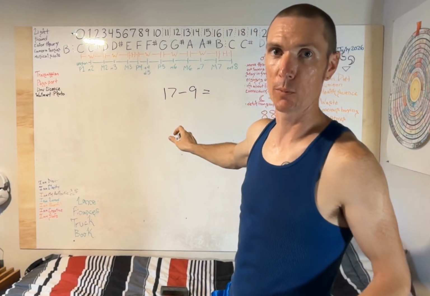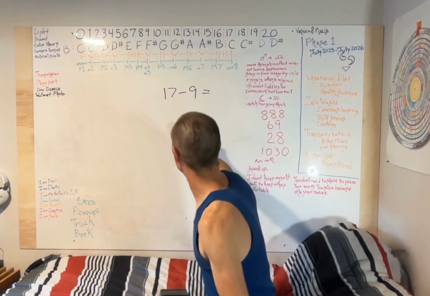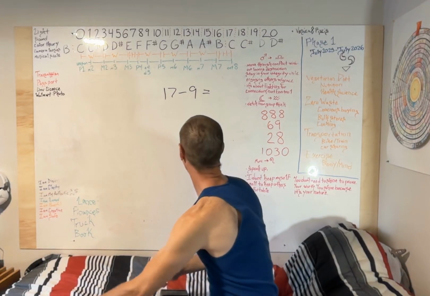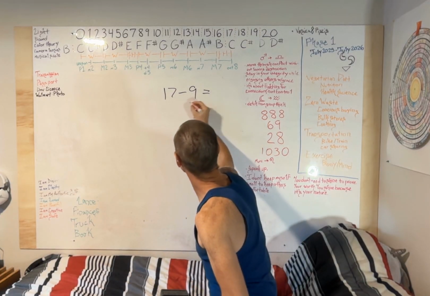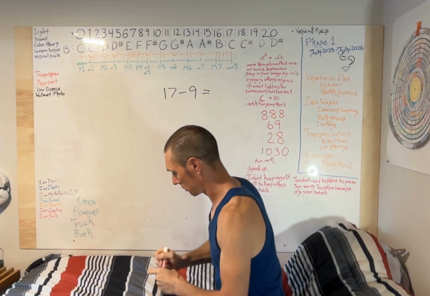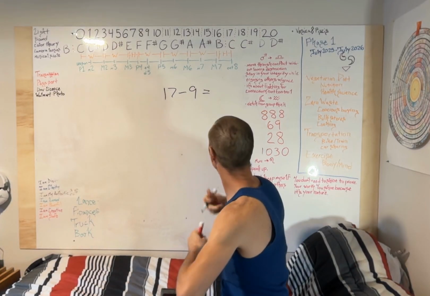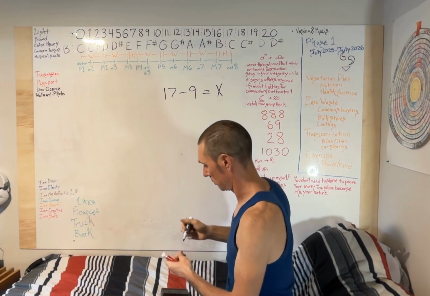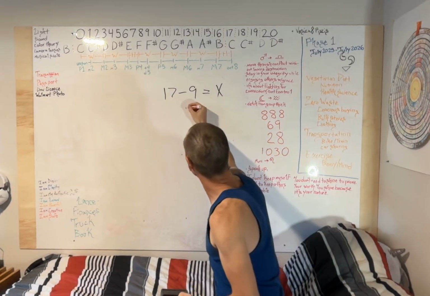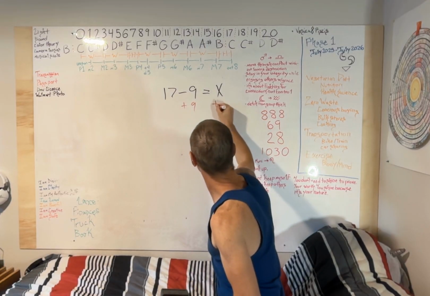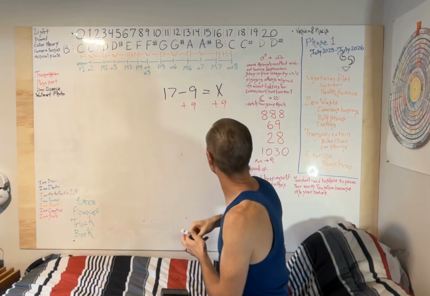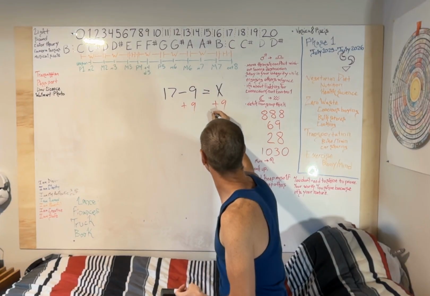It just told me this was an algebra problem. You're going to add 9, is equal to x. You add 9 to both sides. And you subtract x from both sides. You know what I mean?